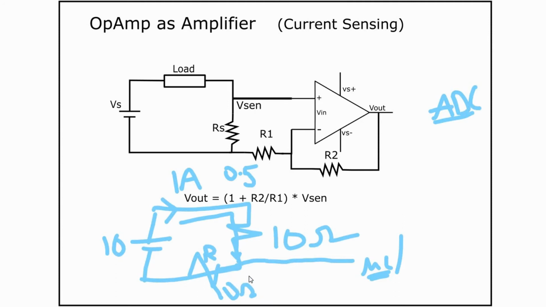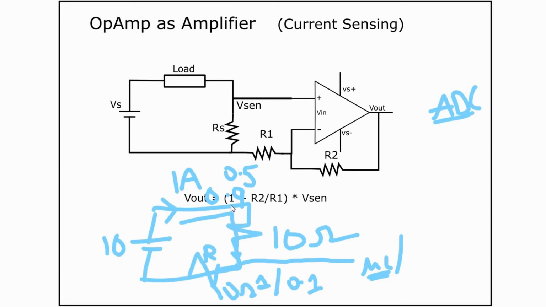So you would want to go lower, like 1 ohm or 0.1 ohm. If you put 1 ohm here, the current will drop from 1 amp to 0.9 amps. That will also affect the performance.